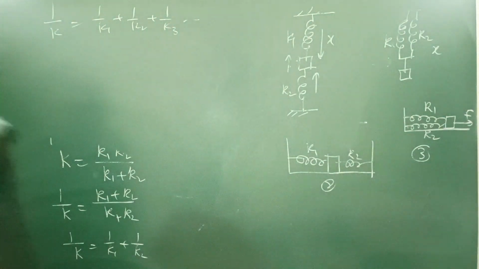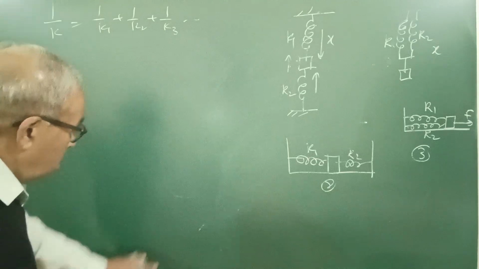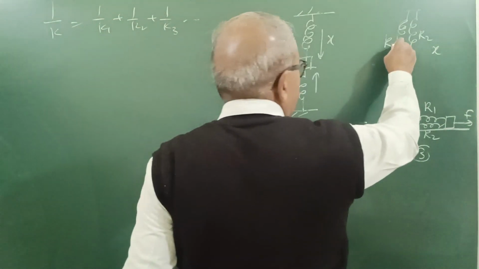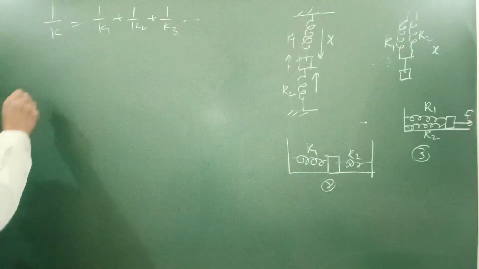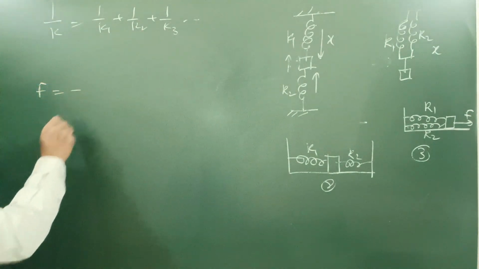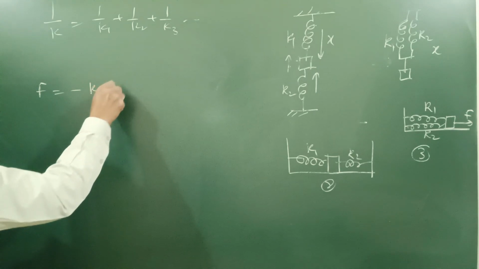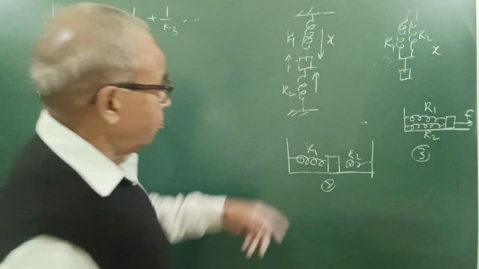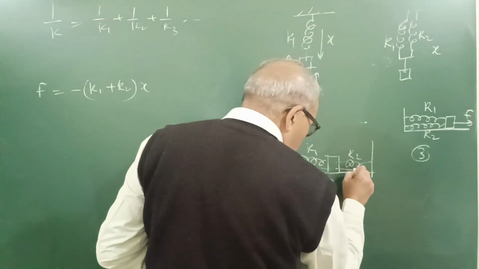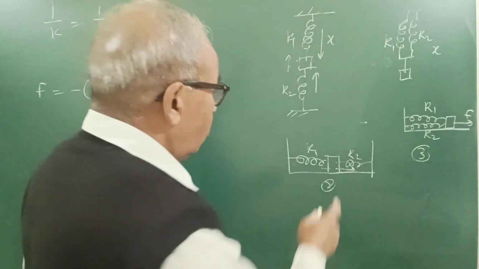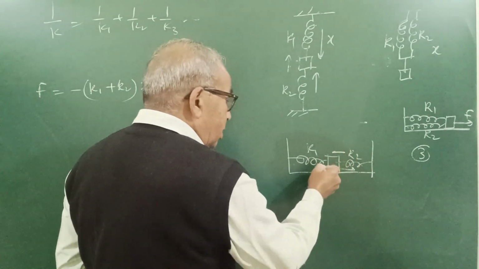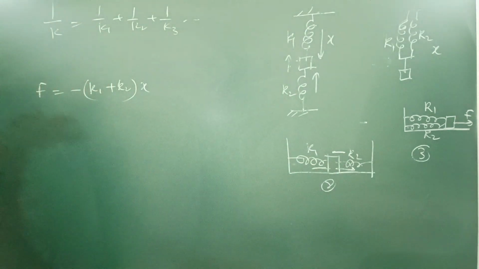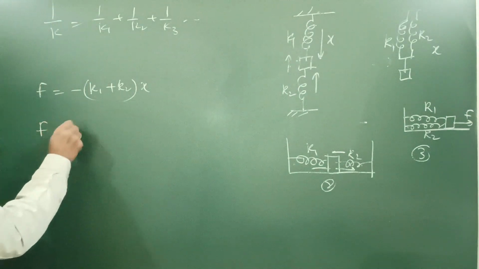So in figures 2 and 3, the force due to each spring is in the same direction, and we can write that it is equal to minus K1 plus K2 by x into x. Same here. If you elongate it, it will get compressed, and it will give force too. Similarly here. So if K is the equivalent, then F is equal to minus Kx.